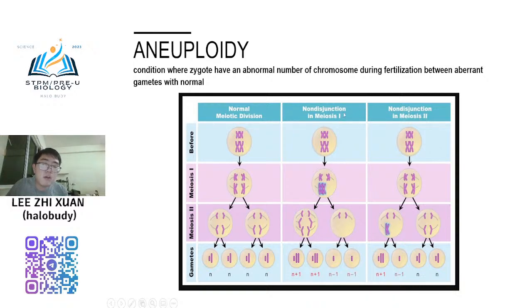I hope everyone still knows the process in meiosis 1 and meiosis 2. Although it is not learned in SPM, you need to know the concept of the meiosis process.